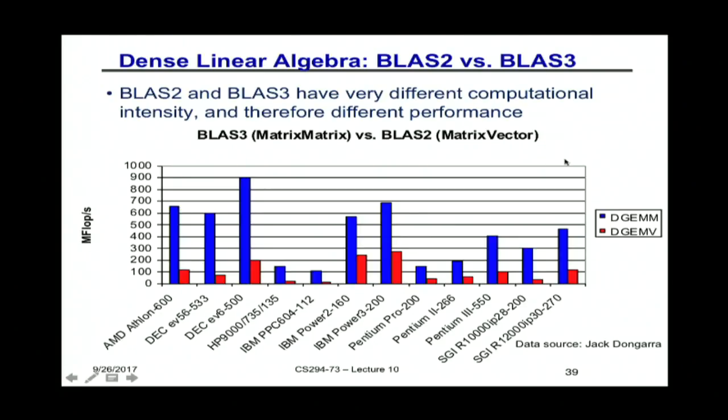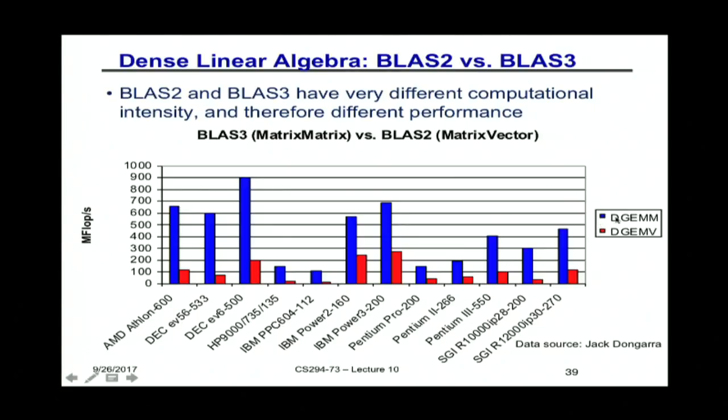This picture shows a lot of machines, and the data is taken from Jack Dongarra. He's one of the lead PIs of the ScaLAPACK and LAPACK project, together with Jim Demmel here. The two groups, from Berkeley and Tennessee, have been working together for 20, 30 years on this kind of algorithm. Many of these are older machines, not today's machines, but the situation is very similar if you compare BLAS2 and BLAS3.